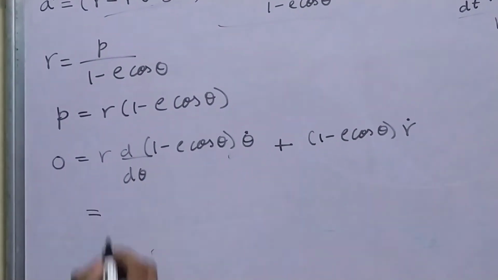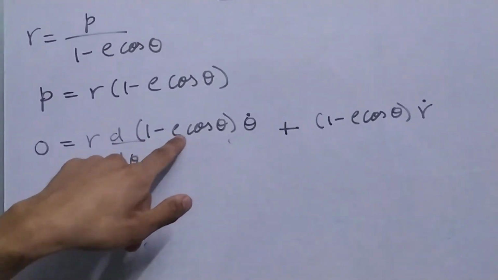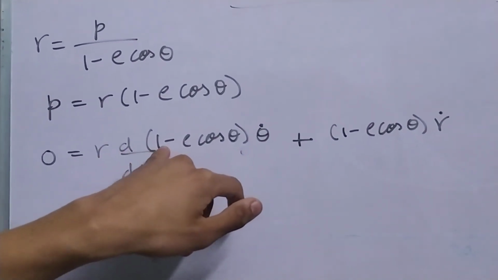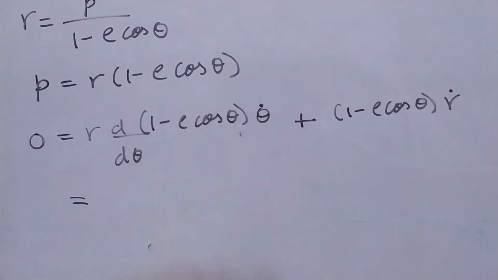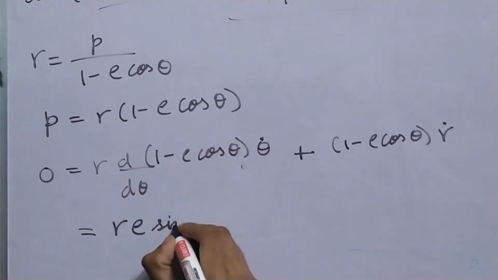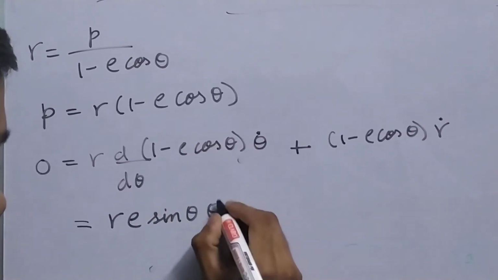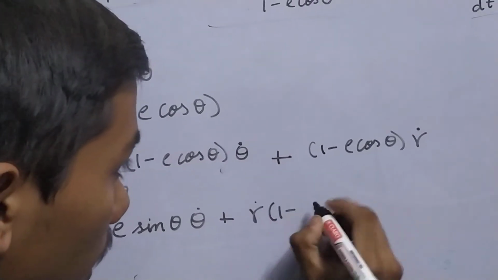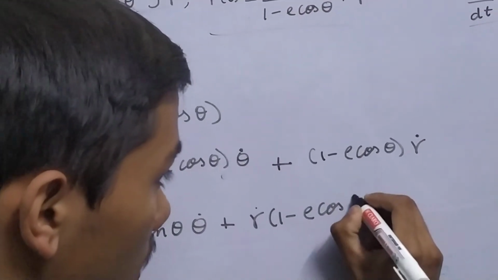So d by d theta of 1 minus e cos theta: derivative of 1 is 0, derivative of cos theta is minus sin theta, so we are left with r e sin theta theta dot plus r dot times 1 minus e cos theta.